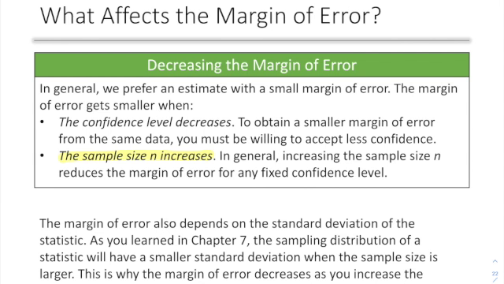Margin of error, one part of the margin of error is the standard deviation. And remember, for proportions, for a sampling distribution, the standard deviation is the square root of p times (1 minus p) divided by n. And for averages, it's the standard deviation of the sample divided by the square root of the sample size.